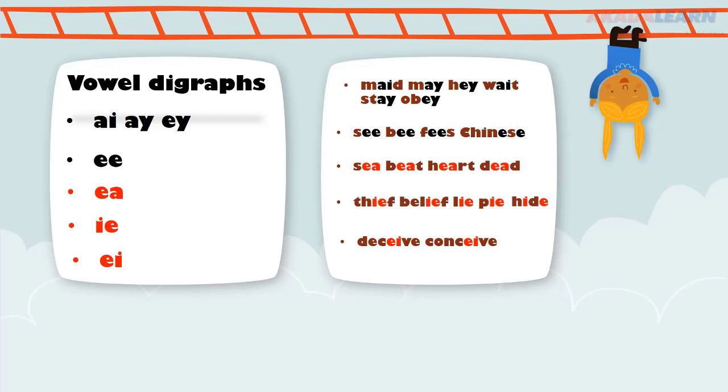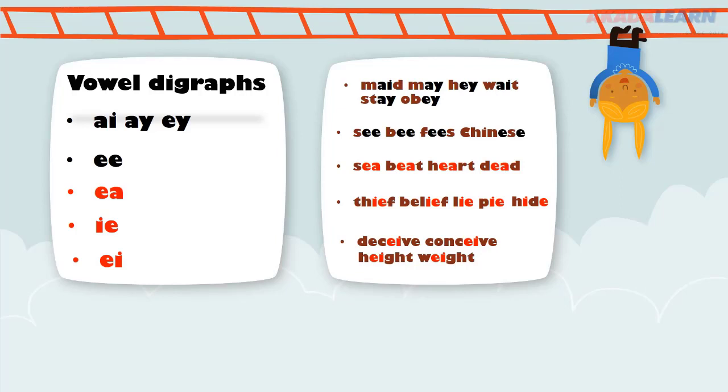I made this digraph red because it makes different sounds also, just like I-E. Okay, so you see another example here, H-E-I-G-H-T, height, like the height of someone, whether they are tall or short. Here E-I is making the I sound.